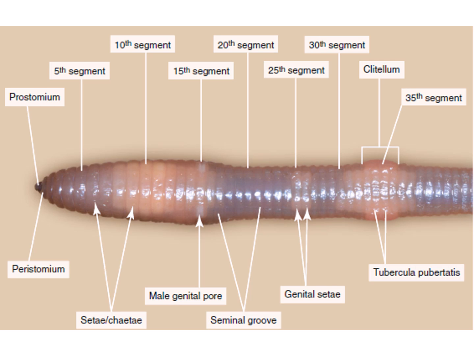Here we can see the openings of the male genitalia. The male genital pores are present on segment 15. They are very visible, they are conspicuous, and they are present in this species on segment 15.